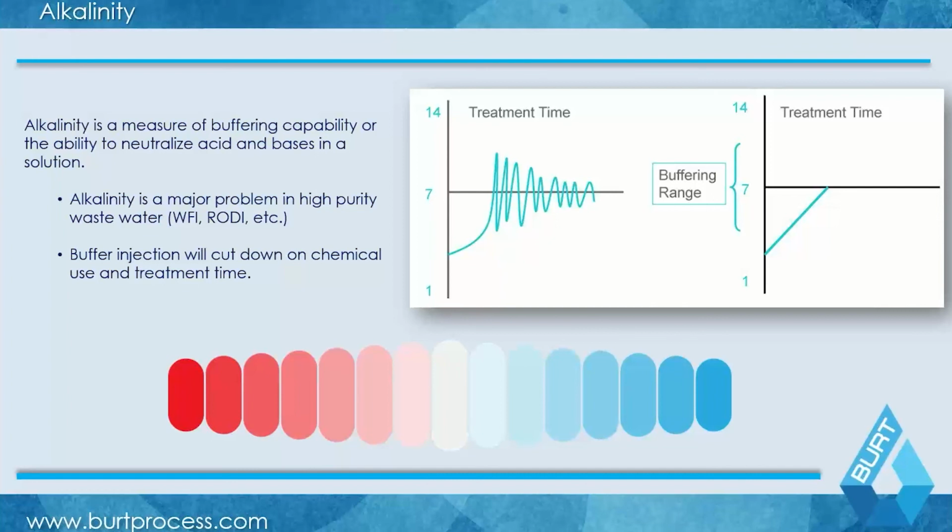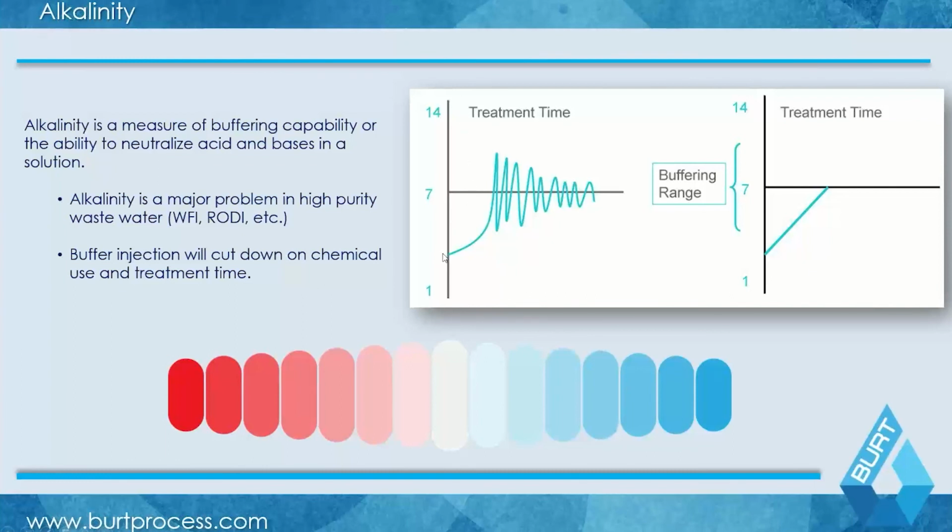The problem is, without the natural buffering that you typically see in basic city water, as you try to neutralize this wastewater, you end up with a lot of fluctuation. Your reagent chemicals will respond faster than they should within your pH neutralization system.